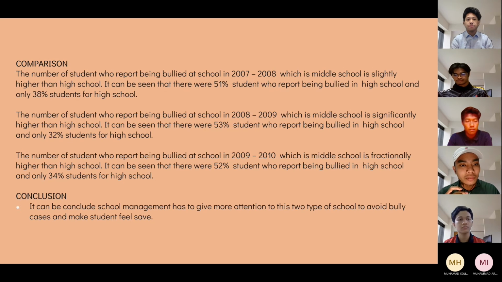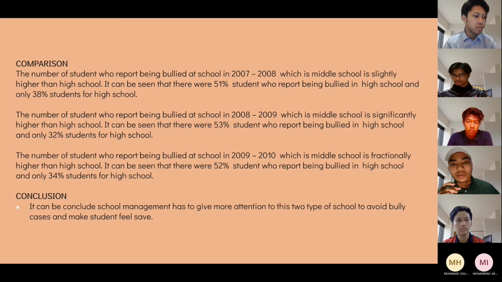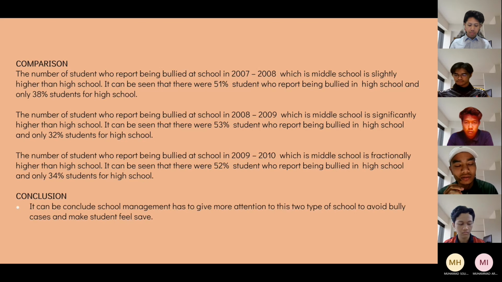So for the comparison, the number of students who report being bullied at school in 2007 until 2008, which is middle school, is slightly higher than high school. It can be seen that there were 51% students who report being bullied in middle school and only 38% students for high school.